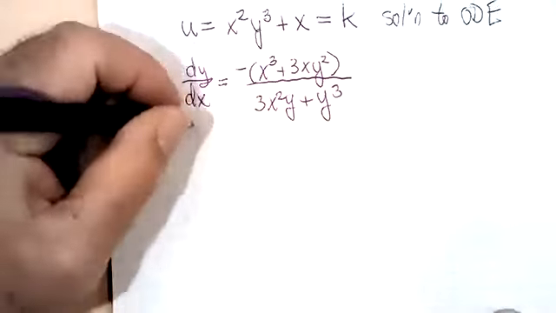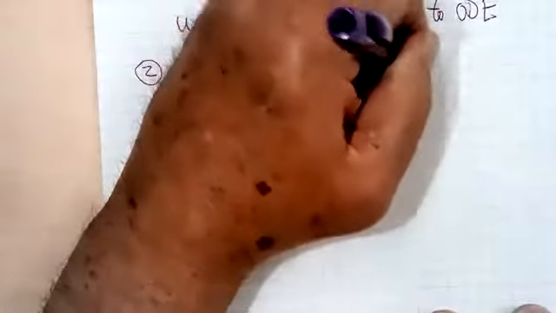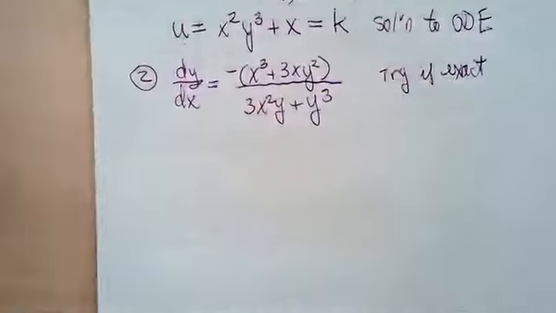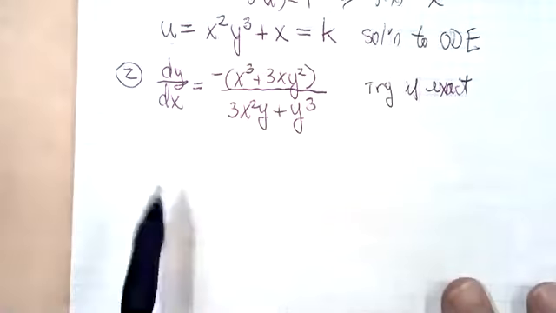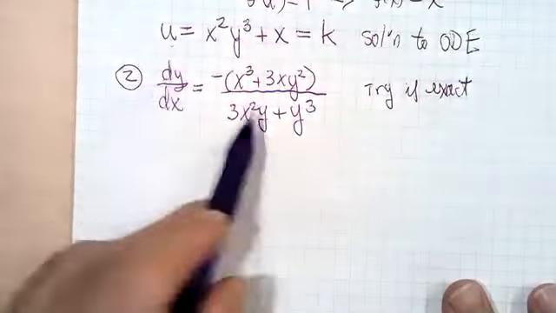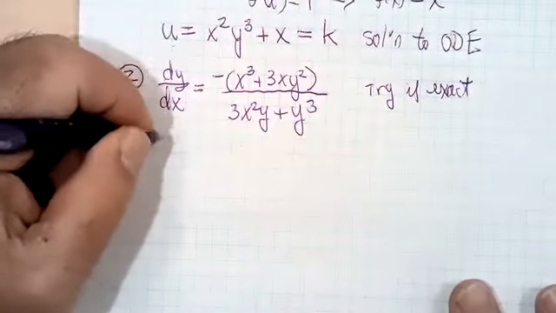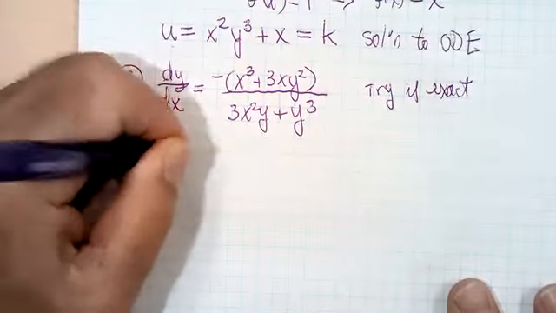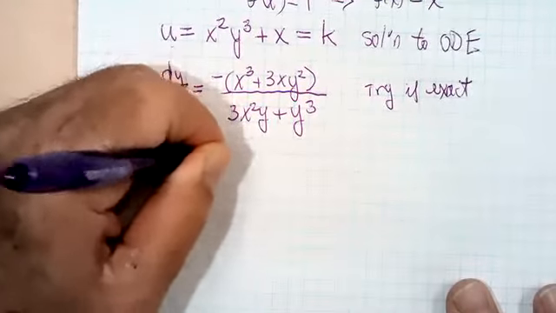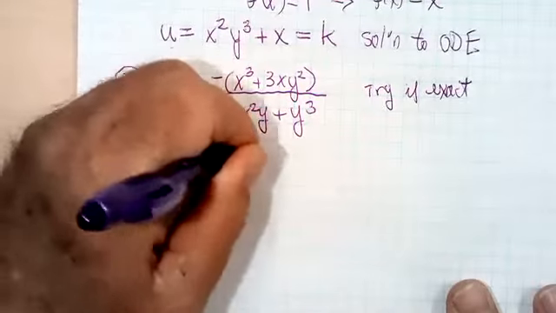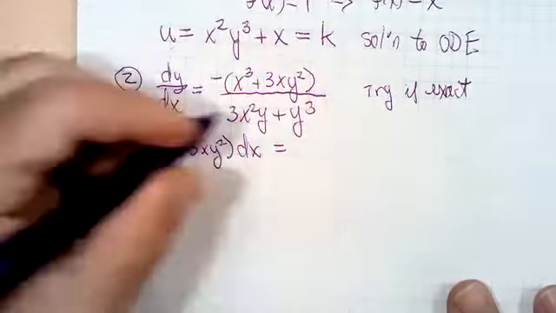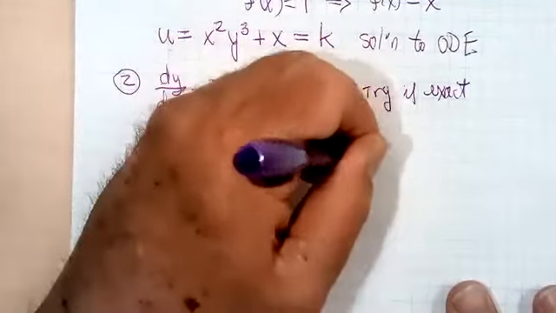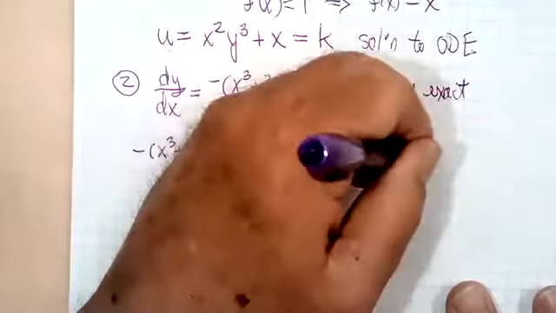So that means I could try to see if it is exact. That's the next step. So I'm just going to cross multiply, basically. It's this times this, and this times this. So I've got minus x cubed plus 3xy squared dx is equal to 3x squared y plus y cubed times dy.